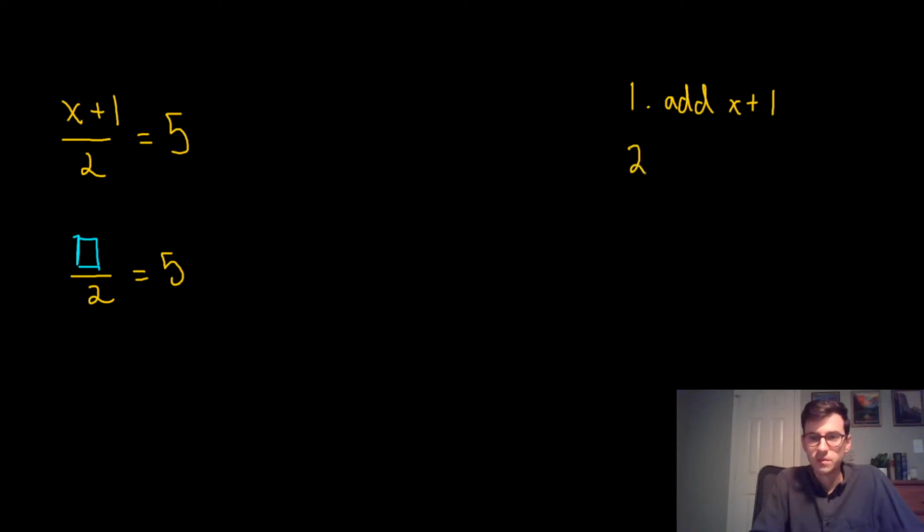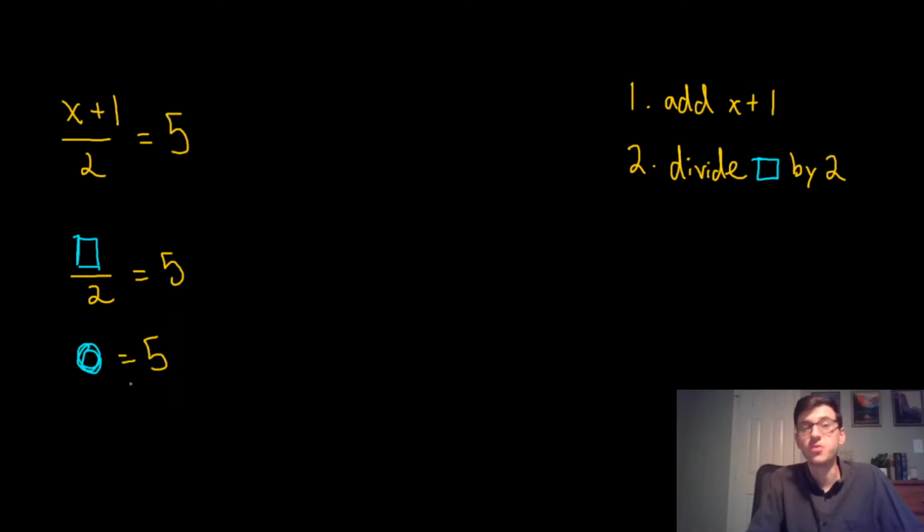Well, I would divide that box by 2. And then box divided by 2 would give me yet another number. I don't know. And really, we're saying circle equals 5, so that would give me 5, if I had the right number for x.